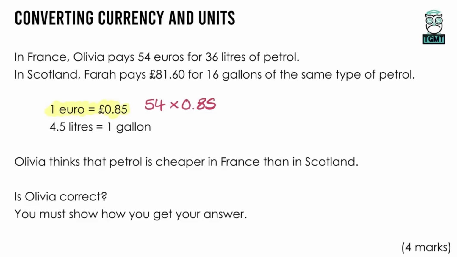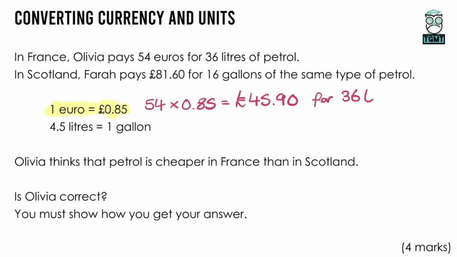And we get £45.90. So that is the cost of the 36 litres. Now it doesn't really matter whether we make a comparison in litres or in gallons, but I can straight away find a value now for this petrol. So here it's £45.90 for 36, and I'll just put L for litres.